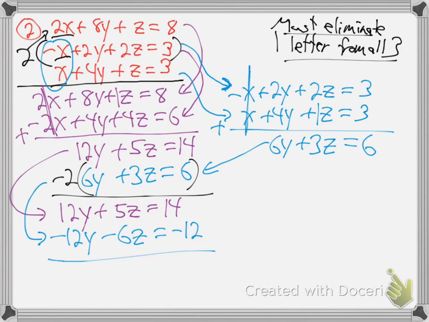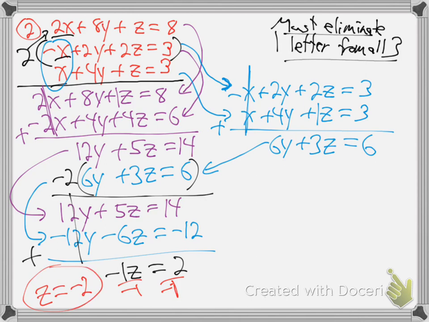Right, add them up. Y's cancel. We get minus 1z is 2. Last step to get z alone, divide by negative 1. So z equals negative 2. So we got z. We've got one letter.